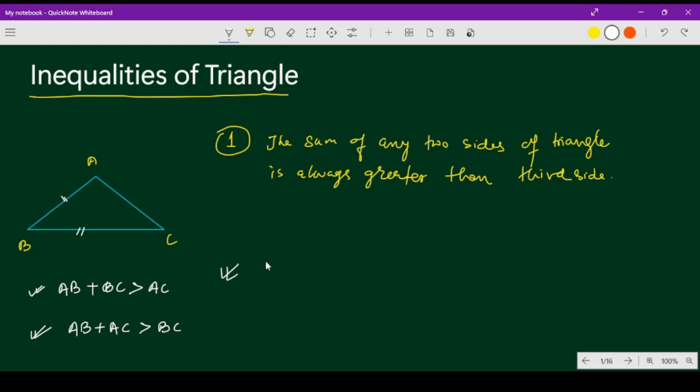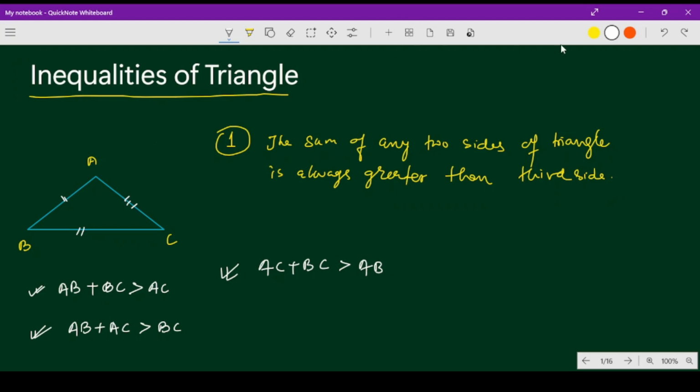If we add AB with AC, that will be bigger than BC. If we add AC and BC, that will be bigger than AB. So these are the three inequalities of triangles, in which the sum of any two sides will always be bigger than the third one.